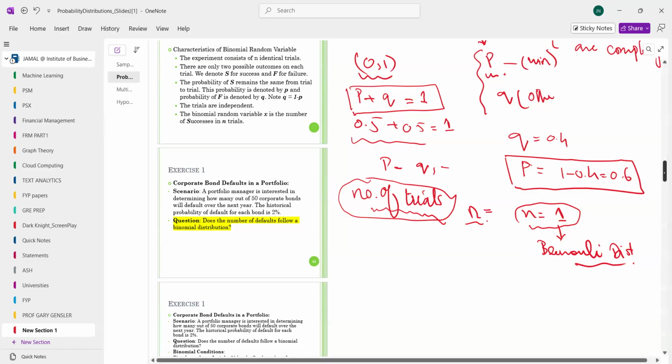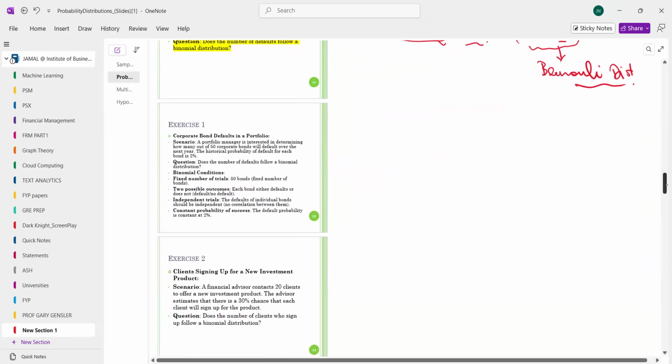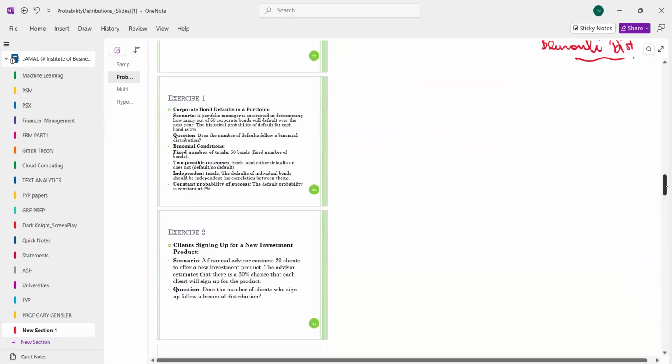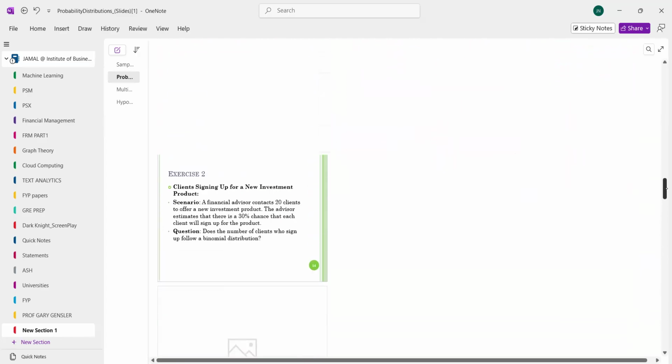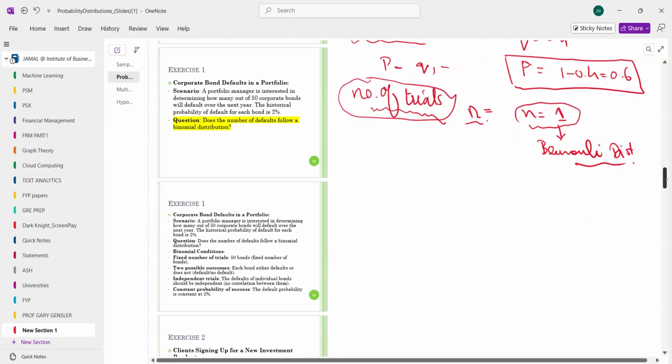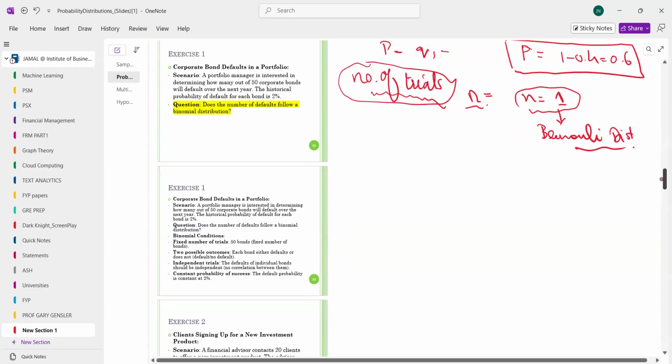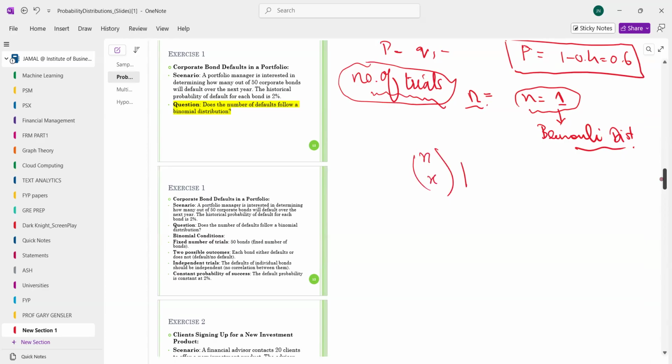Now if you need to figure out the distribution, we have some questions based on that. The formula for the binomial distribution is n choose x times p raised to the power x times q raised to n minus x.